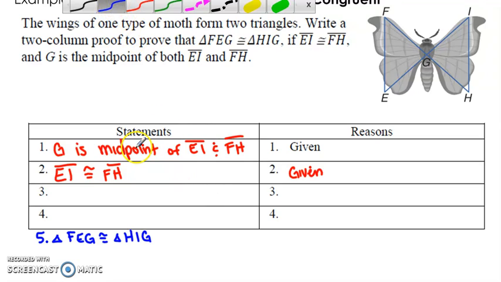Well, if they give us the word midpoint, we're probably going to define it. So if we define midpoint, EG is congruent to GI, and FG is congruent to GH by definition of midpoint.